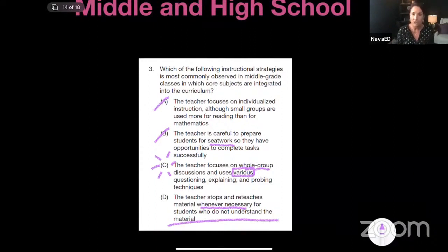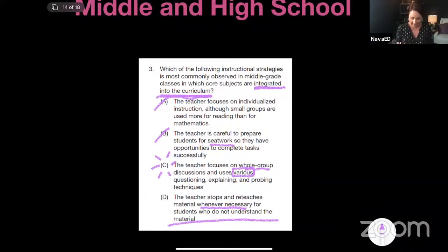Which of the following instructional strategies is most commonly observed in middle grade classes in which core subjects are integrated into the curriculum? I'm recording, so I want to make sure I get it all here. We've got here core subjects integrated into the curriculum.